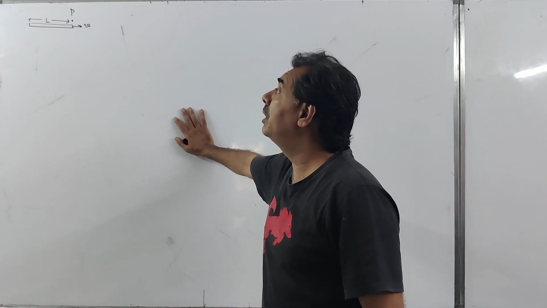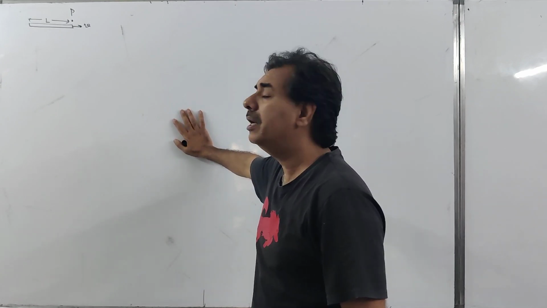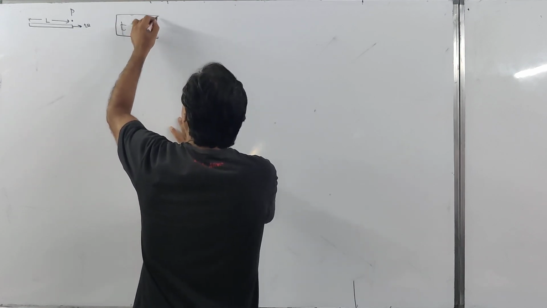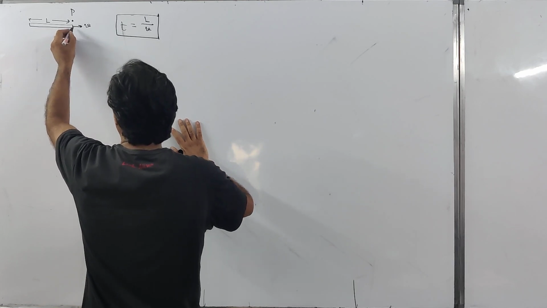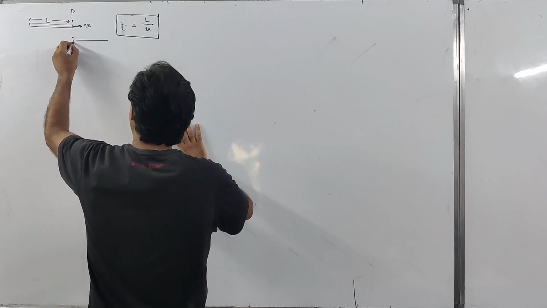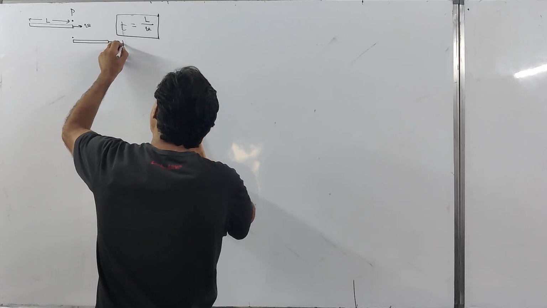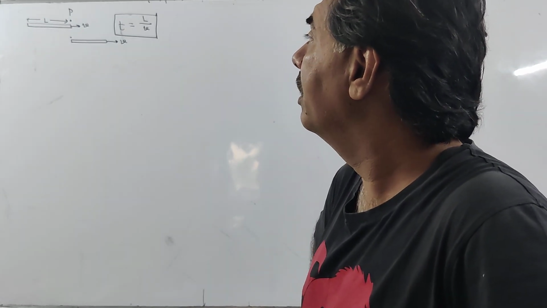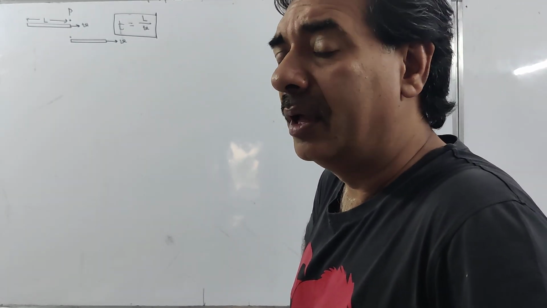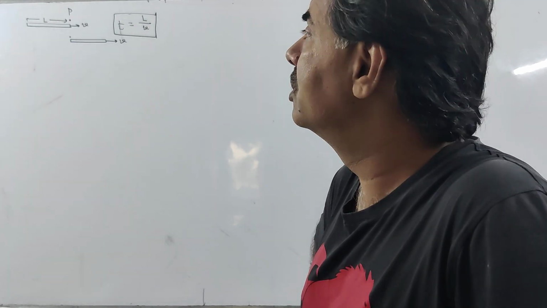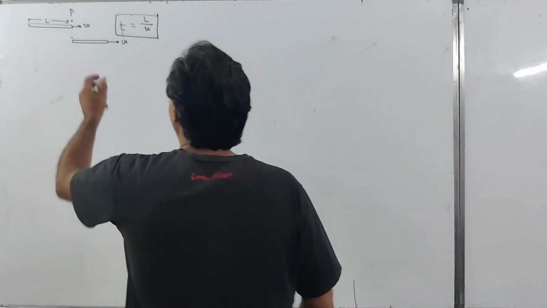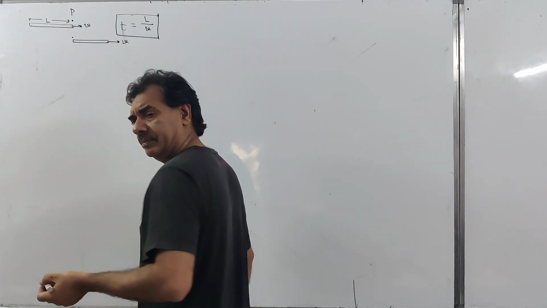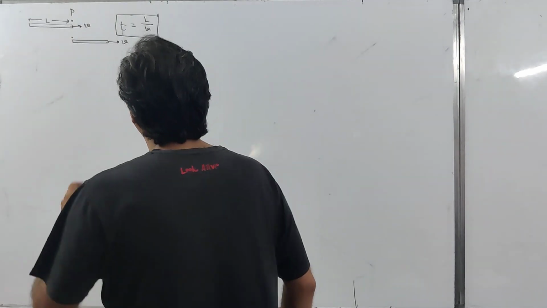What is the time taken by the train to pass P? The time taken by the train to pass P will be L by V. Because this is the point where the watch will start and this is the point. The time taken to cross is clearly L upon V. ठीक है? Any point of the train would have covered a distance L. पहला point ले लो, ये point, ये point. Last point ले लो.